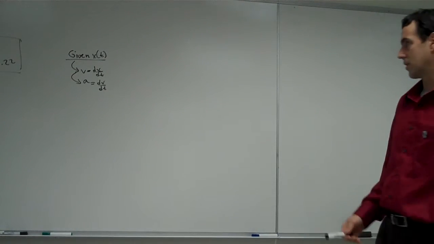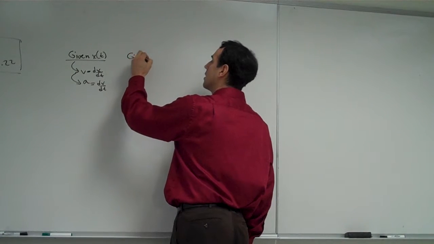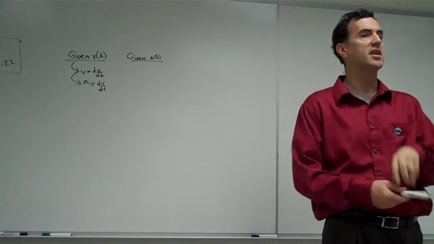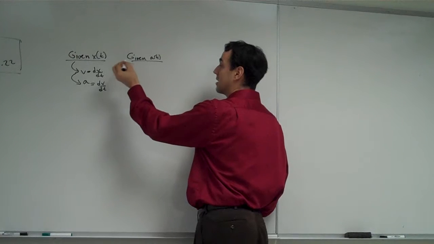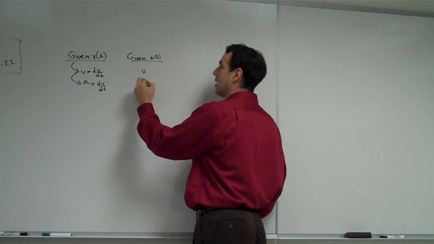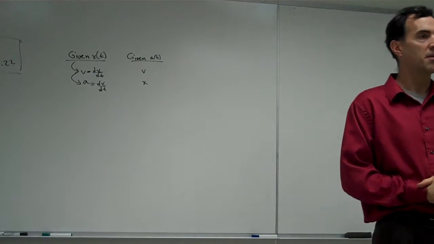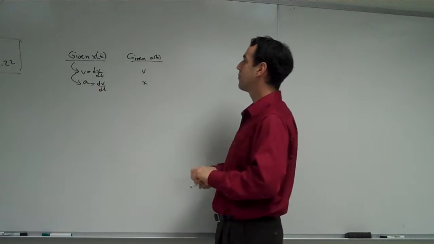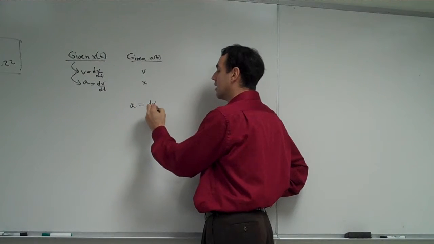That's the easiest situation. Another example, suppose we're given acceleration as a function of time. We did an example last class trying to get velocity and position from that. That was a little bit trickier because if you're given acceleration, you had to set it up as a differential equation. You'd have to write a equals dv dt.